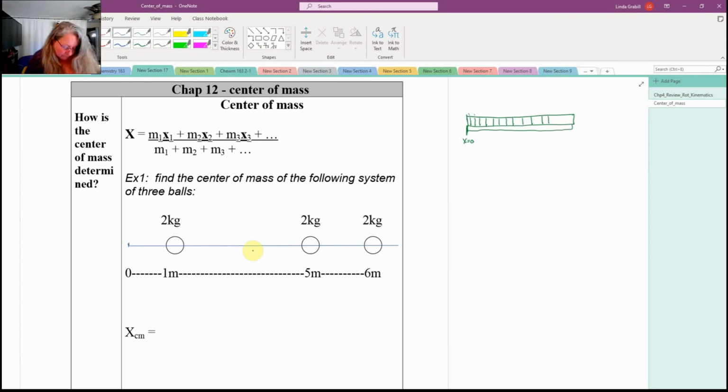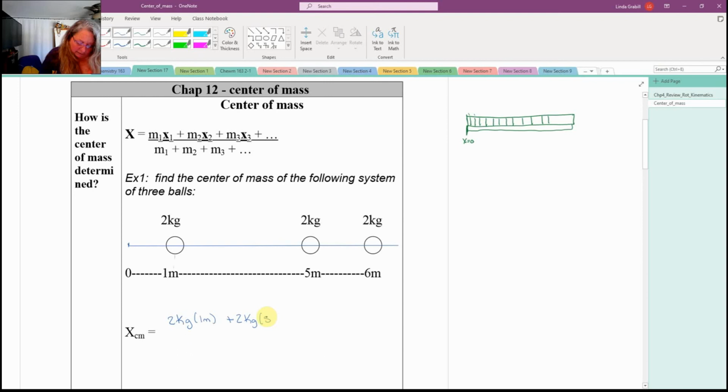So let's see, what would I do? I'd say this mass here is about 1 meter away from this axis. So I have 2 kilograms times this 1 meter. And then I just move on to the next one, plus another 2 kilograms. This thing to this thing is 6 meters, so this is representing 5 meters away.